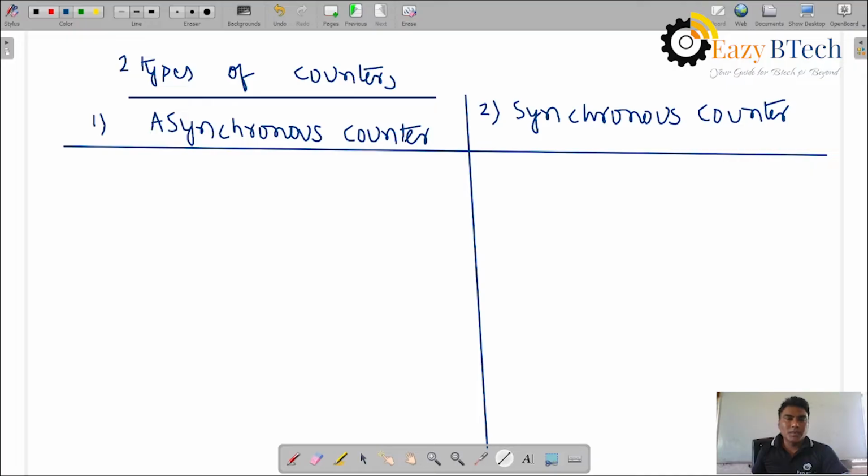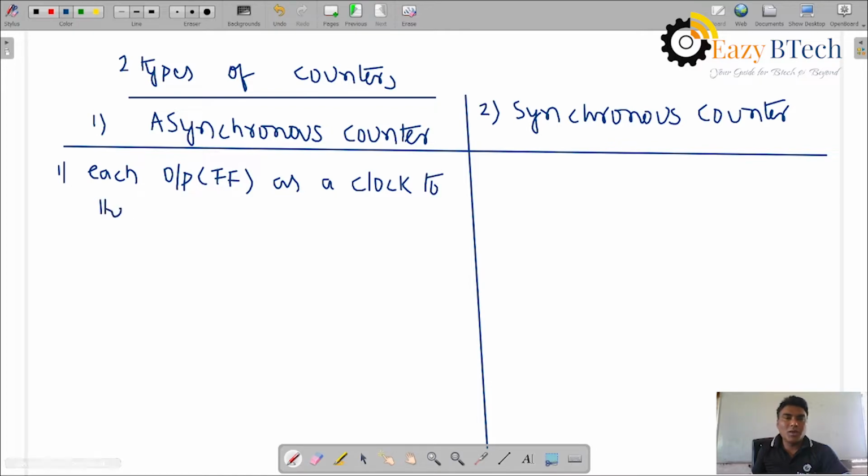So the first point: in an asynchronous counter, each flip flop output acts as a clock to the next stage.